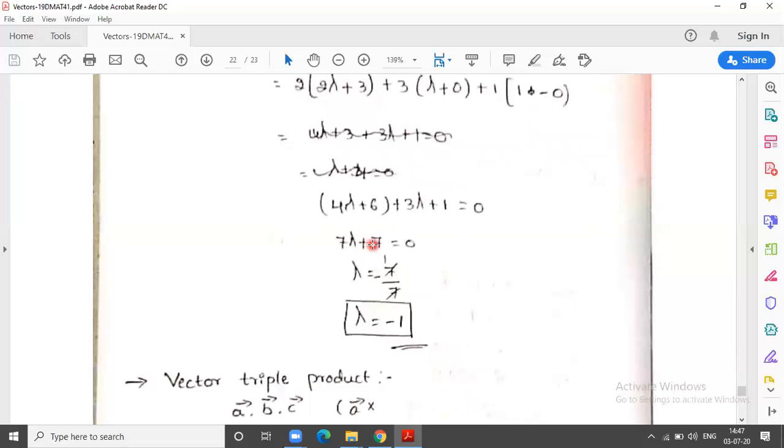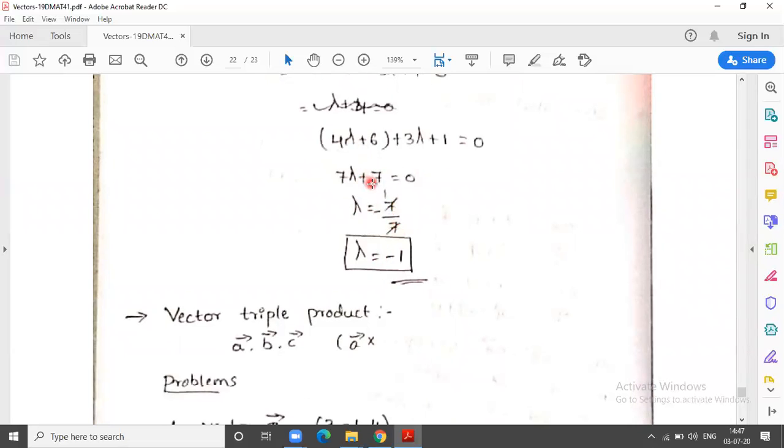So 7 lambda plus 7 equals 0. Shifting 7 to the right-hand side, lambda equals -7 divided by 7, which is -1.